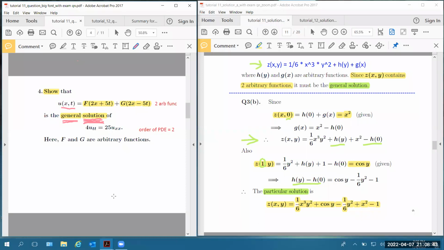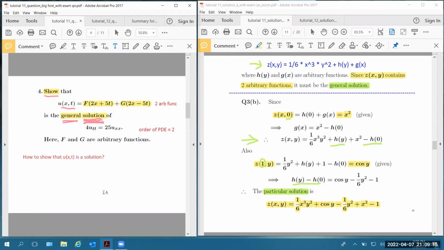Now I come to the next question. How do you show that this thing is a solution of this PDE? How to show that u(x,t) is a solution?